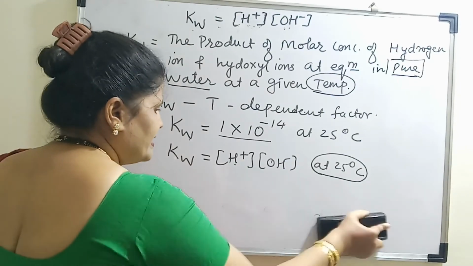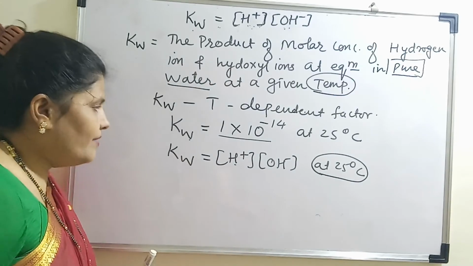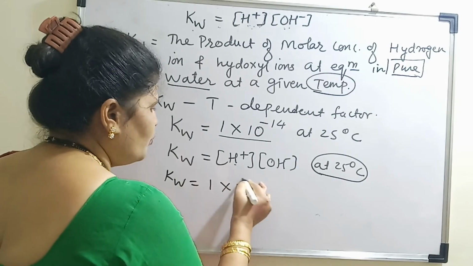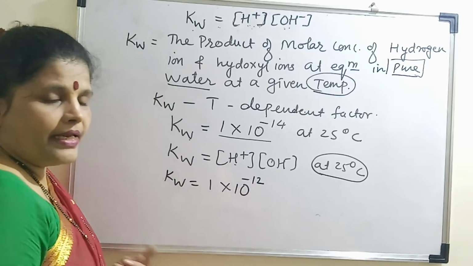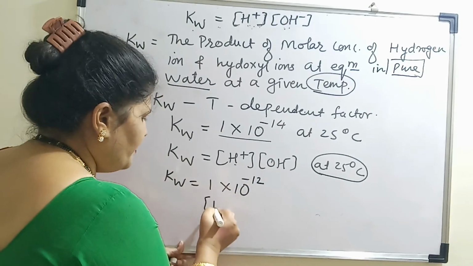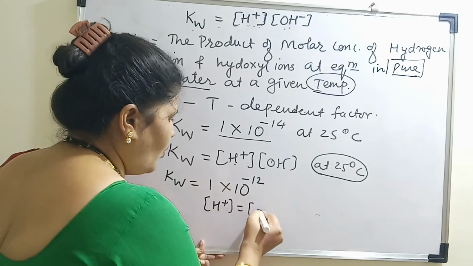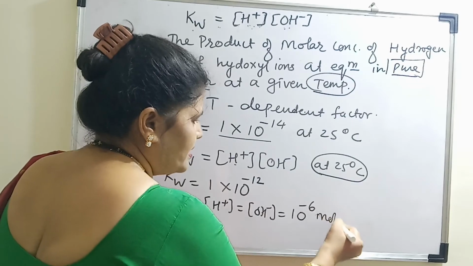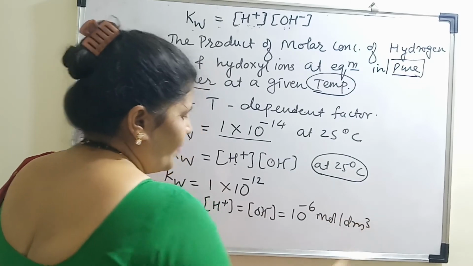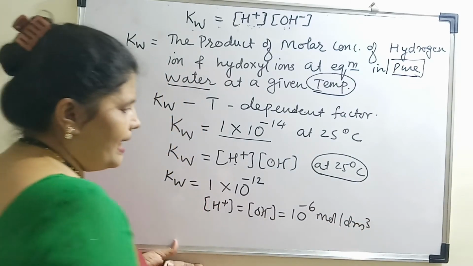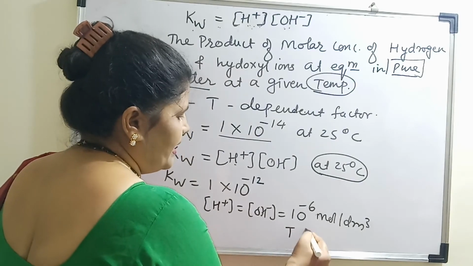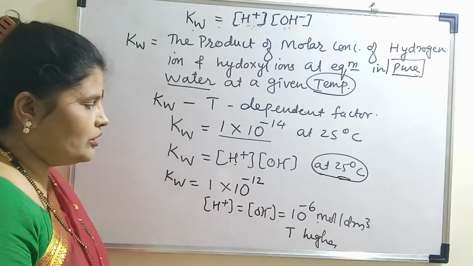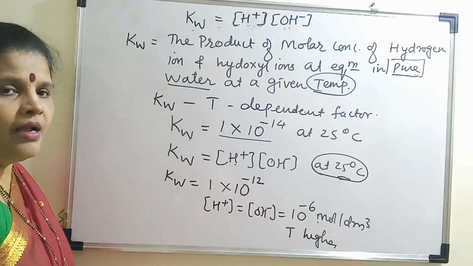Let us take for example, if the value of Kw is equal to 1 into 10 raised to minus 12, then I can conclude that the H plus ion concentration and OH minus ion concentration must be equal to 10 raised to minus 6 mole per dm cube, provided water is pure, and the temperature must be higher than 25 degrees Celsius, because it is a temperature dependent factor.